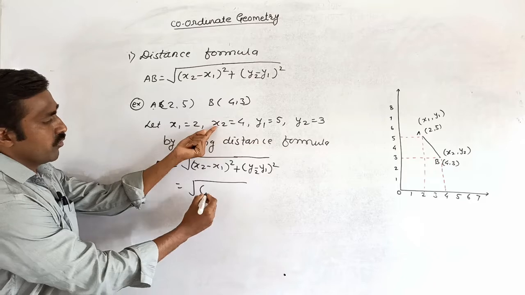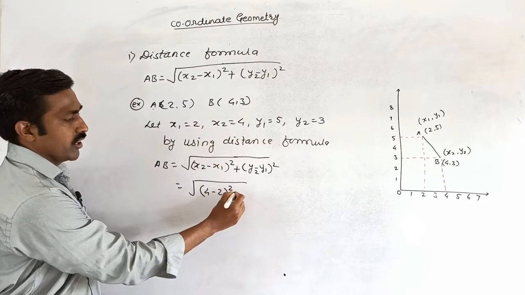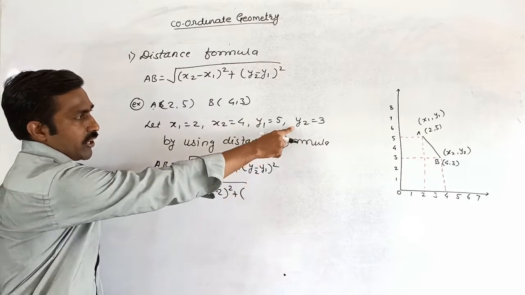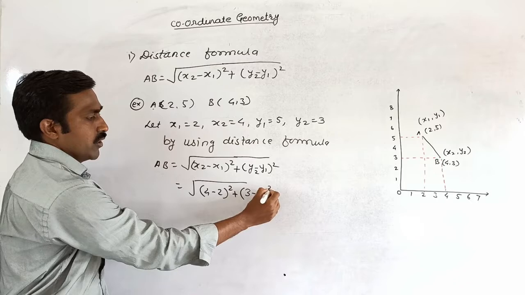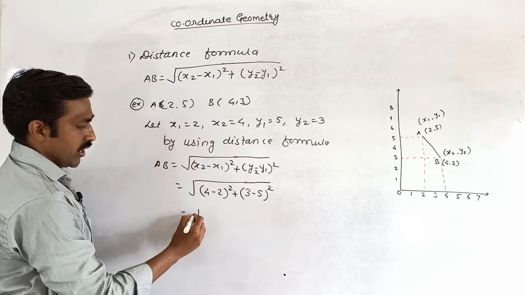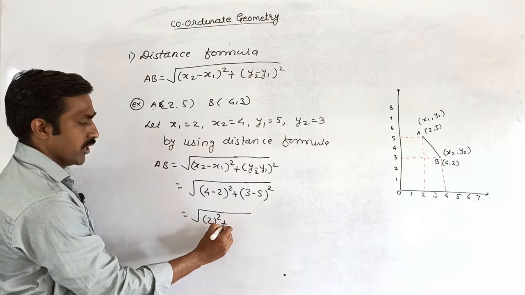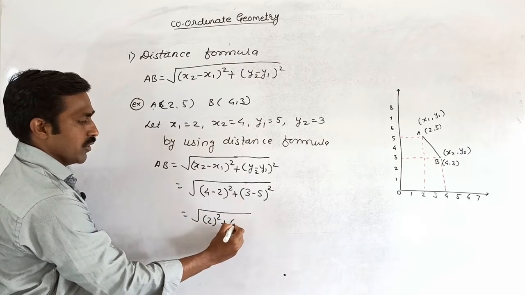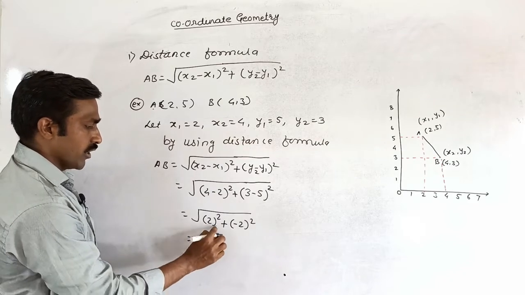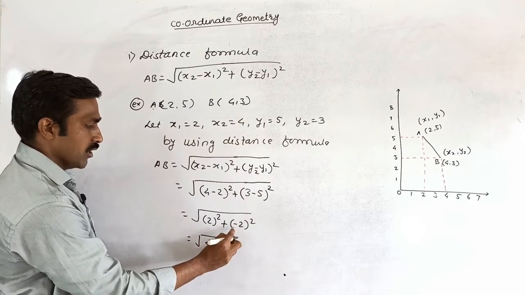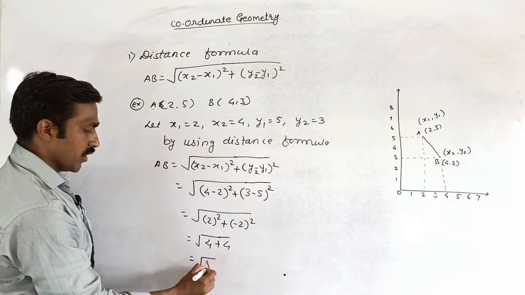The value of x2 is 4 minus the value of x1, 2, whole square, plus the value of y2, 3, minus the value of y1, 5, whole square. Now calculate this. (4 minus 2) is 2, square is 4, plus (3 minus 5) is minus 2, square is 4, which is equal to 4 plus 4, 8.